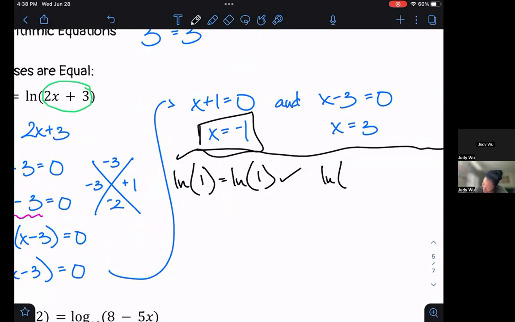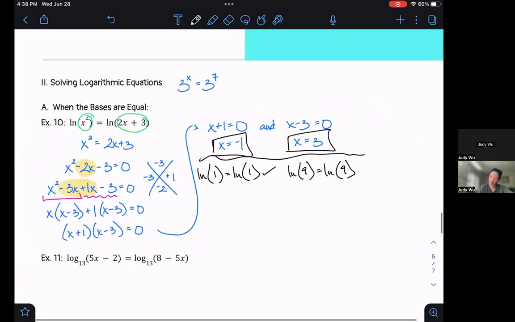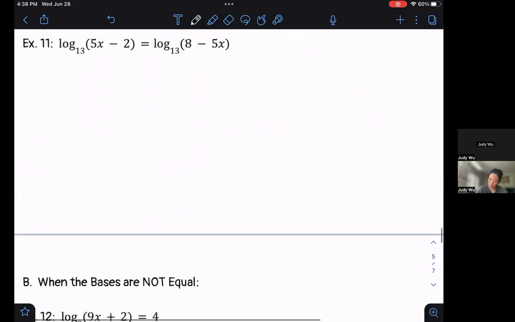Natural log of 3 squared is 9 equals natural log of 2 times 3 is 6 plus 3 is 9. Well, that's also equal. So this one also works. So in log equations, it's super important to check your answers, but I've got 2, they both work. So x can equal -1 or 3. All right, let's try example 11.